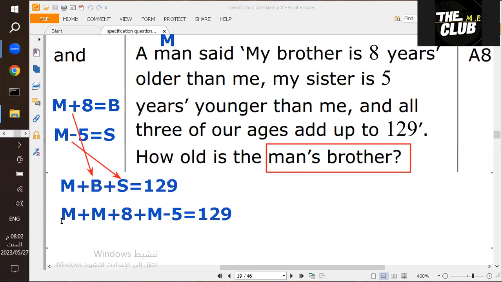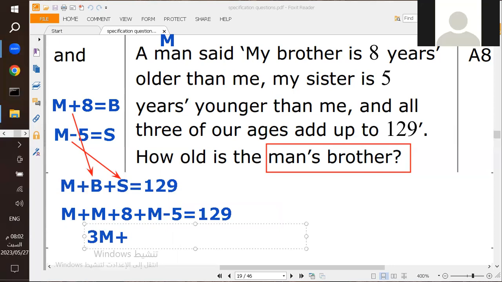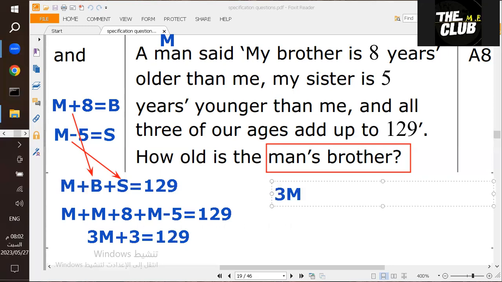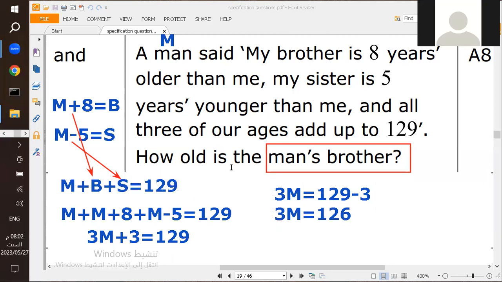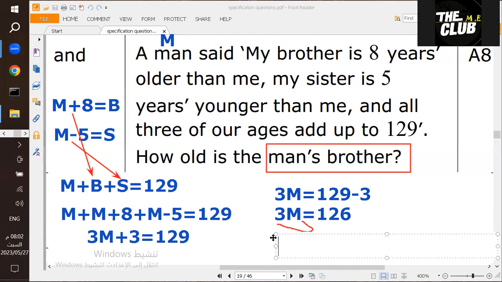Then I have 3M, and 8 minus 5 is 3, so 3M plus 3 equals 129. Moving the 3 to the other side, 3M equals 126. Divide by 3, so M equals 42.